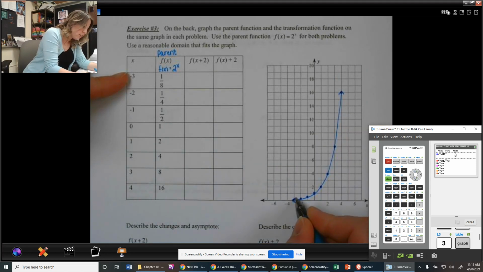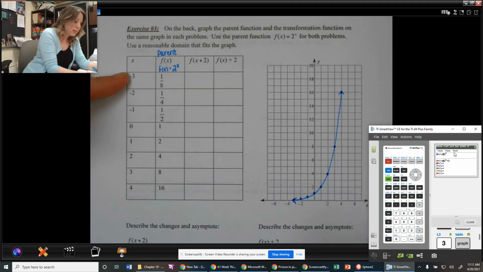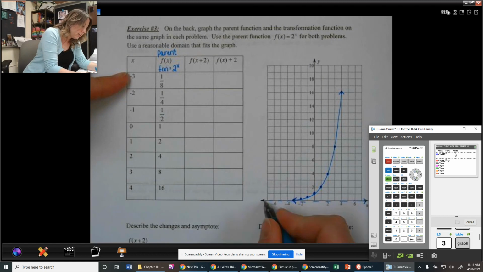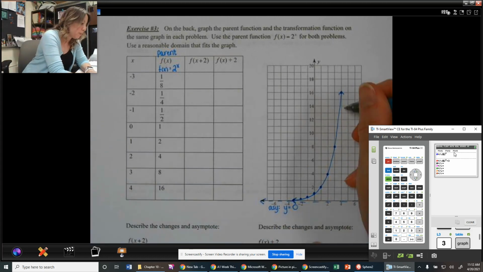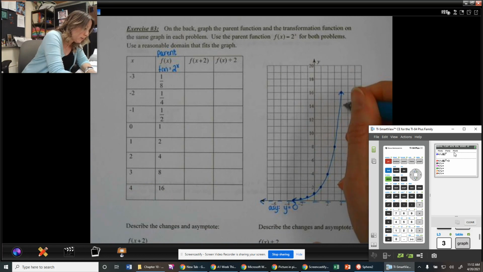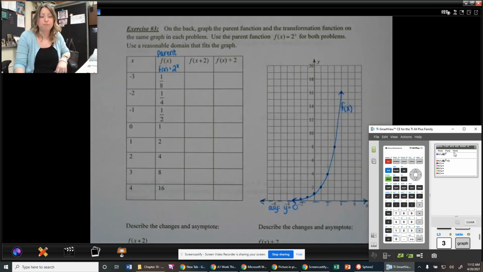This arrow down here by the asymptote needs to be straight, and then we draw in our asymptote as a dotted line, and we'll label it ASY is y equals 0. And that, of course, for this graph is the invisible barrier we are not touching or crossing. So since this is the parent function, I'm going to label it f of x. Okay? Well, that's the first one.